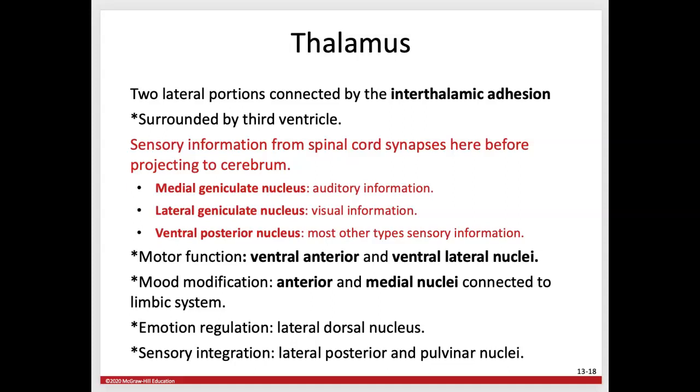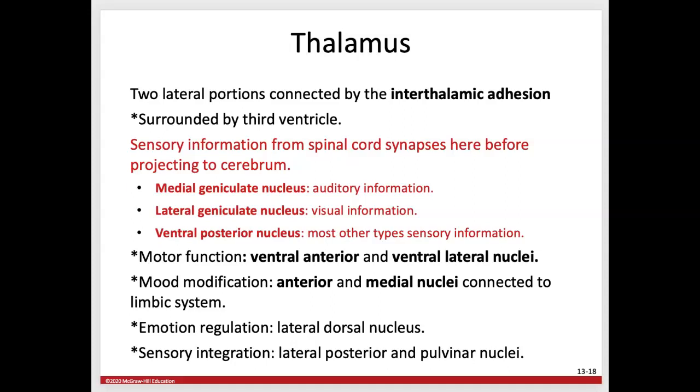So motor function related to the thalamus is associated with the ventral and the anterior and the lateral nuclei of the thalamus. The thalamus also is associated with mood modification through the anterior and medial nuclei.